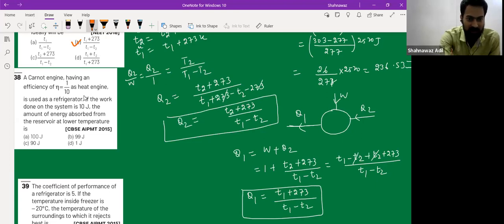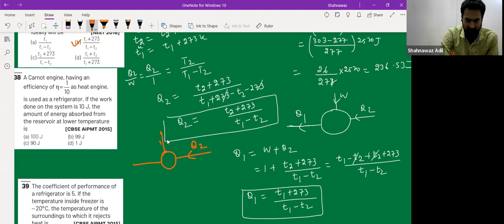Okay, who is doing this question? This was similar to the question that we did earlier. The amount of energy absorbed from the reservoir at low temperature, right? So they are asking us to calculate this heat, this energy.